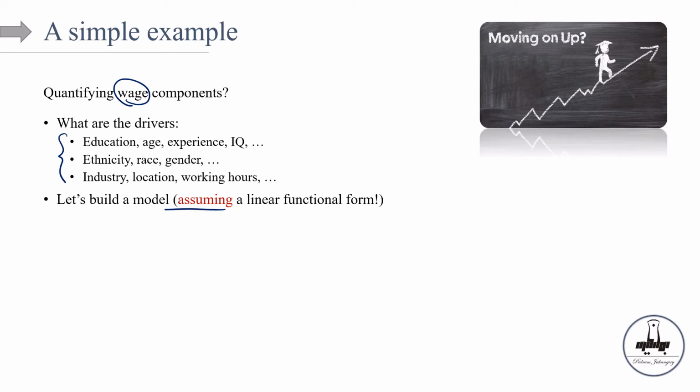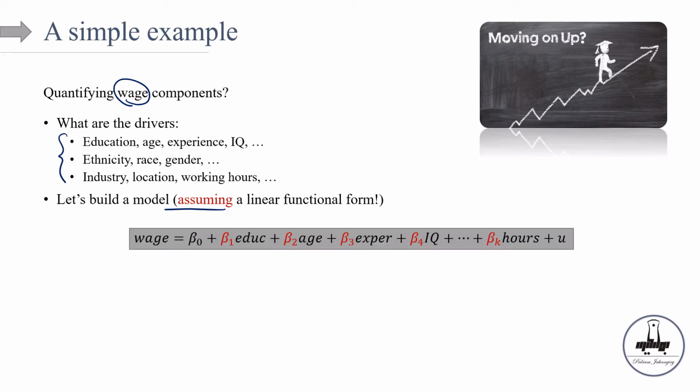So you can say, okay, let's assume that there is a linear functional form between wage and all these characteristics, right? Then we can summarize the relationship like this. We can say that wage is a function of education, age, experience, IQ, etc., right? And we can come up with this simple linear functional form.